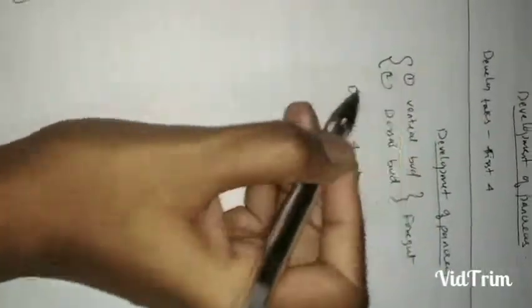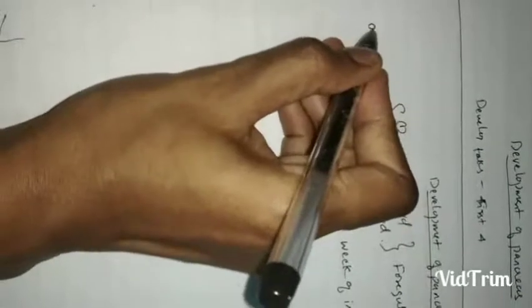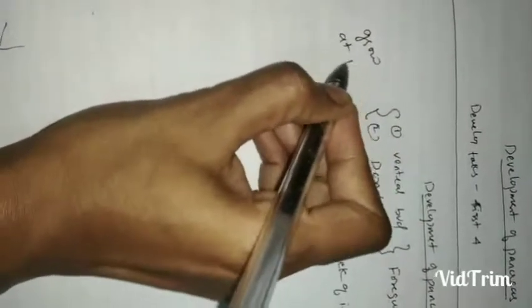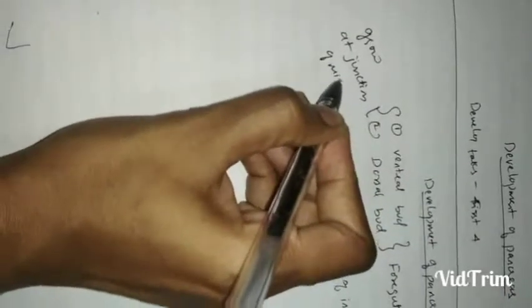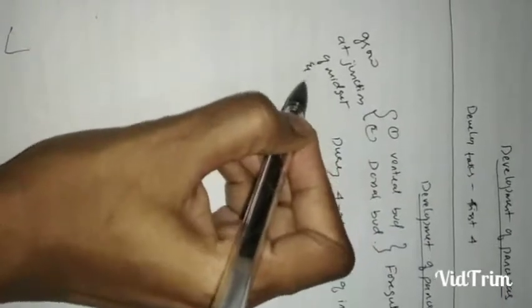This ventral and dorsal bud, they grow at junction of midgut and foregut.